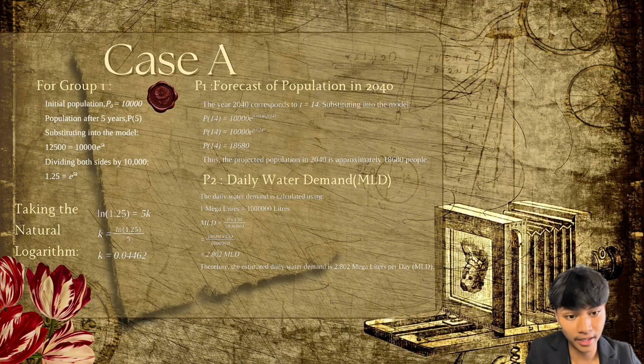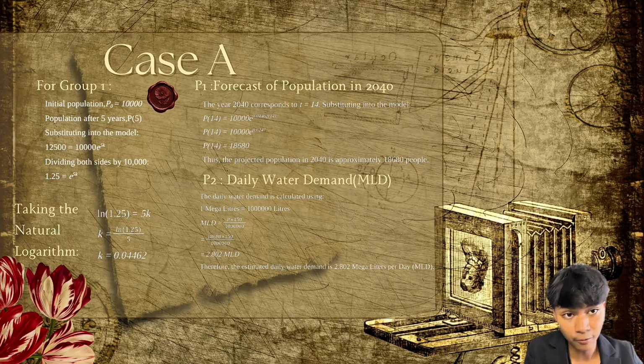Knowing that P0 equals 10,000 and P5 equals 12,500, we can substitute these amounts into our model. So we end up with 12,500 equals 10,000 e to the power 5k. After substituting, we can start finding our k, which is crucial for this case.